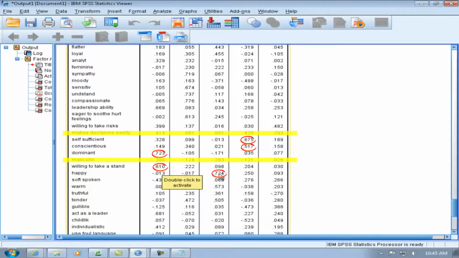Happy, factor 3. Soft-spoken, okay, that loads actually on factor 1, but that's one we're going to have to recode. You see it's negative? So we're going to recode it. It's called soft-spoken. Okay, then let's see. Warm, that's 3, right?